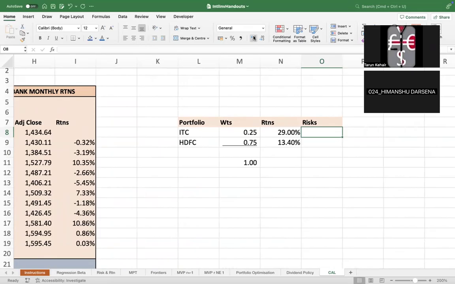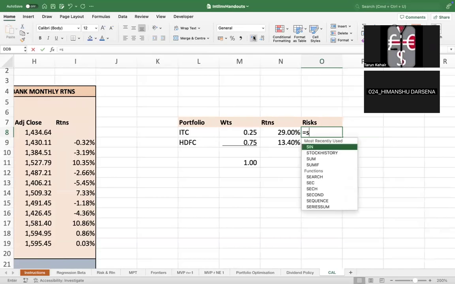Why? Because variance, which is a grosser measure of risk, is proportionate to time period. Standard deviation, which is the root of variance, will be proportionate to the root of time period. So to convert the monthly risk into annual risk, we cannot multiply by 12. We have to multiply with root of 12.